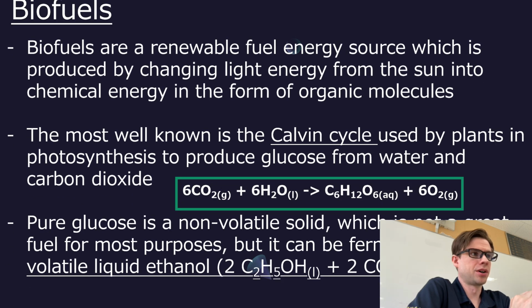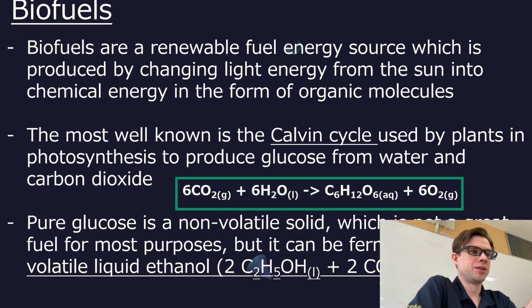So, biofuels are a renewable fuel energy source which is produced by changing light energy from the sun into chemical potential energy in the form of organic molecules. Mainly, glucose is sort of the fundamental base unit, I think most biology people would say.